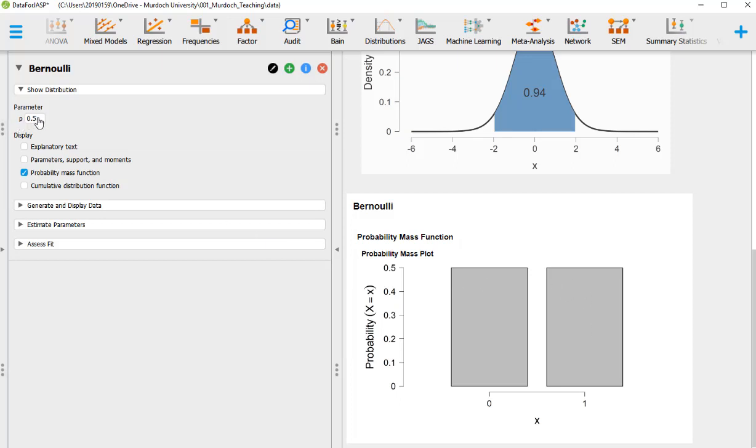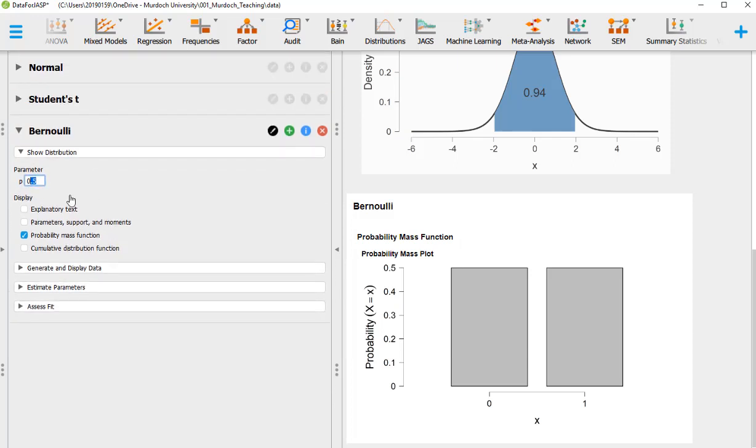Now, if we change this p to 0.6, then the graph will change, and now the probability of success is 0.6 and the probability of failure is 0.4. It's a bit of a boring distribution, quite easy.